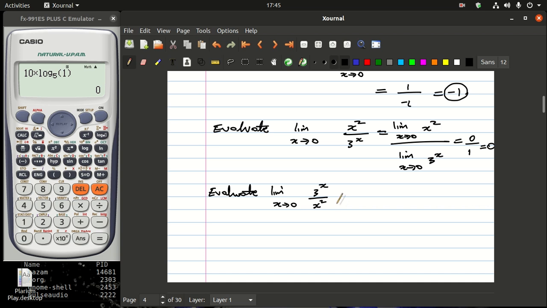The first thing that you do, if you plug in, you will end up having 3 to the power 0, which is 1. But if you plug in here, you would end up with 0 in the denominator.